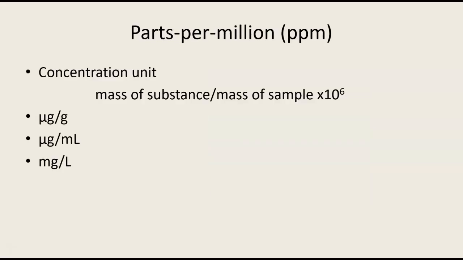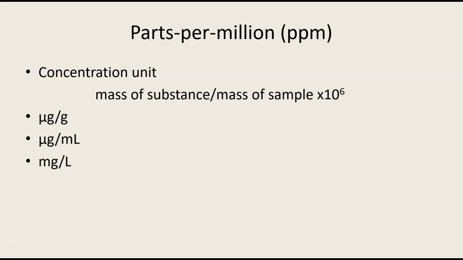In this experiment, we're going to be using a new concentration term, at least in terms of the lab. We're going to be using parts per million. It's defined as the mass of substance divided by the mass of the sample times 10 to the 6. You're real familiar with percent, which means parts per hundred.